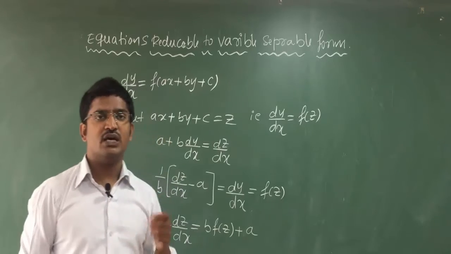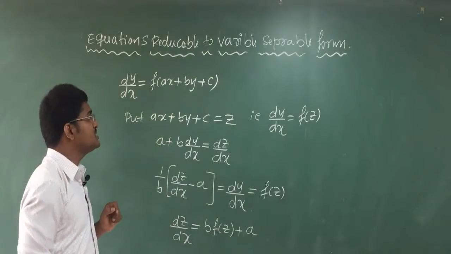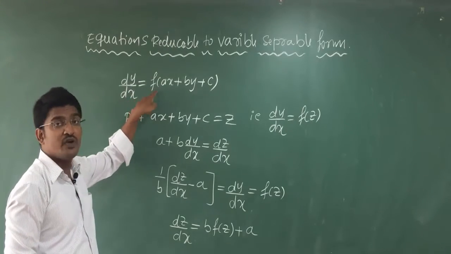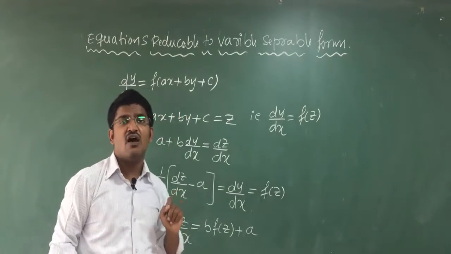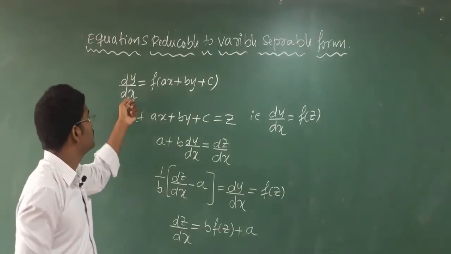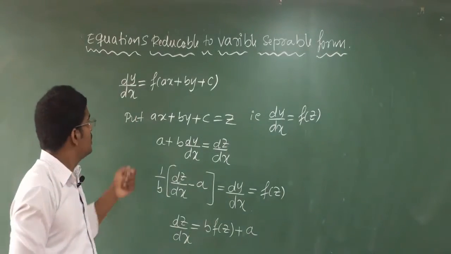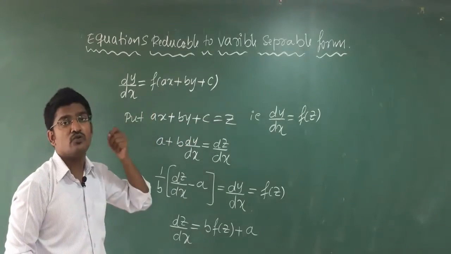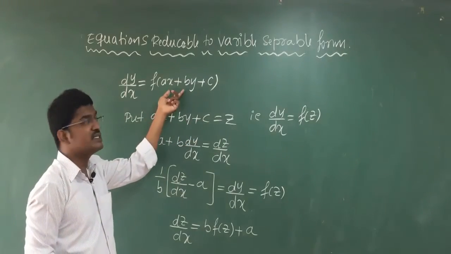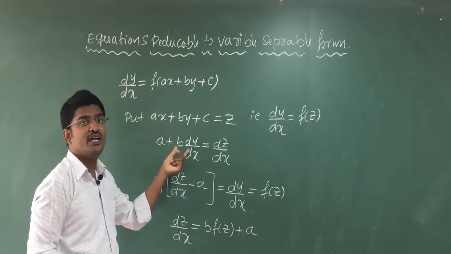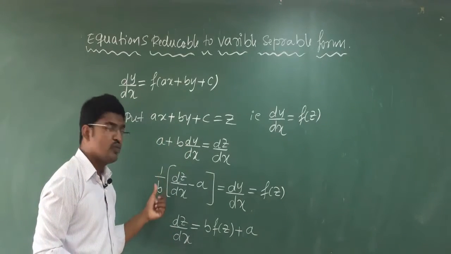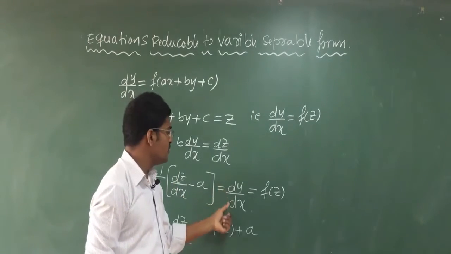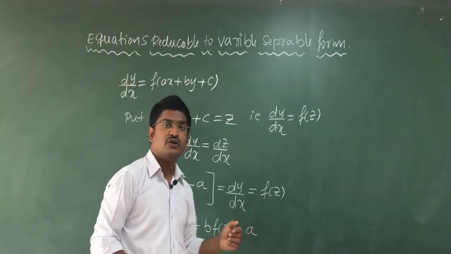First you have to check whether the given differential equation is in the form dy by dx equal to f of ax plus by plus c or not. If it is in this form, you have to put ax plus by plus c equal to z. After substituting z, you simplify by differentiating. You are going to have 1 by b dz by dx minus a equal to dy by dx equal to f of z.